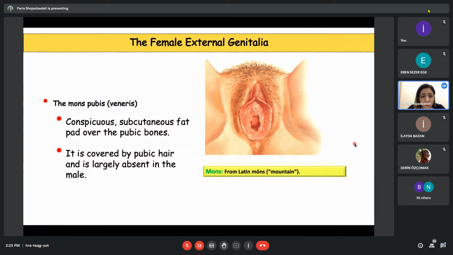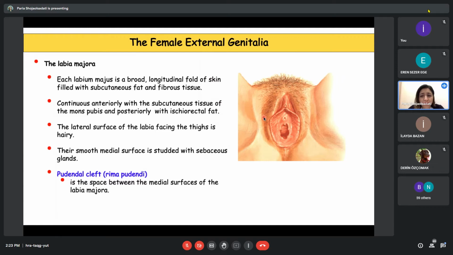The mons pubis is a conspicuous subcutaneous fat pad over the pubic bones. It is covered by pubic hair and is largely absent in males. The labia majora are longitudinal folds on the lateral side of the vulva, continuing anteriorly with the mons pubis.